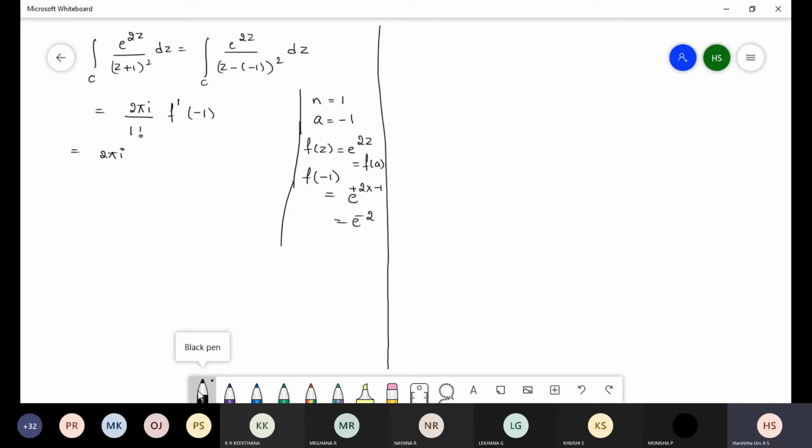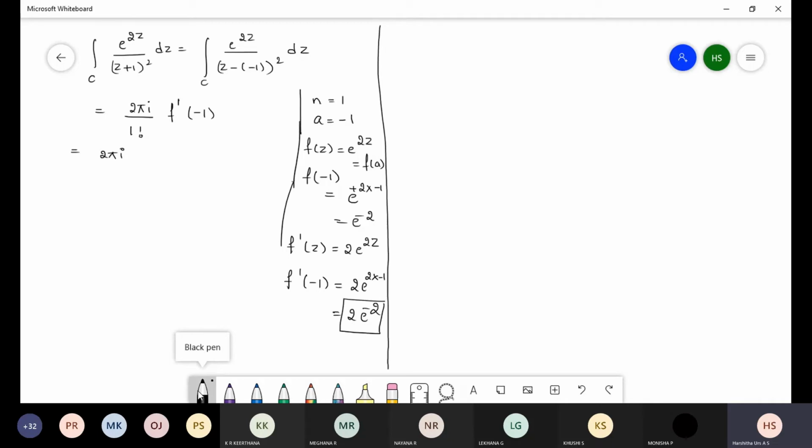So what we have to do? We have to differentiate to get f dash of z. So f dash of z means 2 into e power 2z. Then we want the value of f dash of minus 1. So 2 into e power 2 into minus 1, that is 2 into e power minus 2.